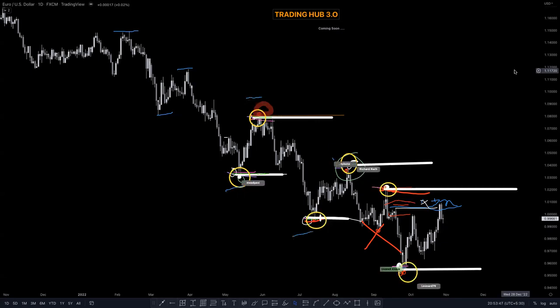Okay, nice. Everyone is mapping the structure almost correctly.